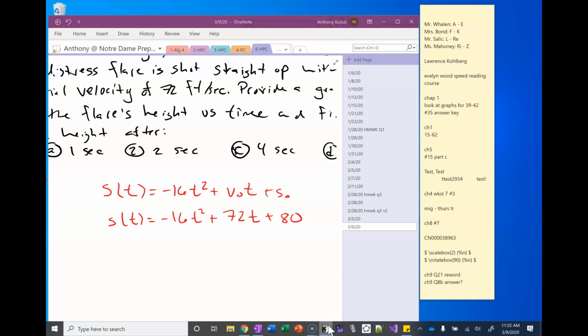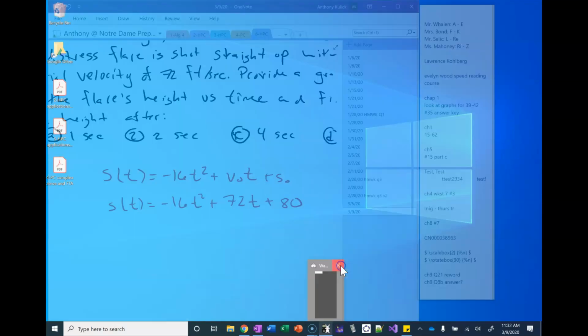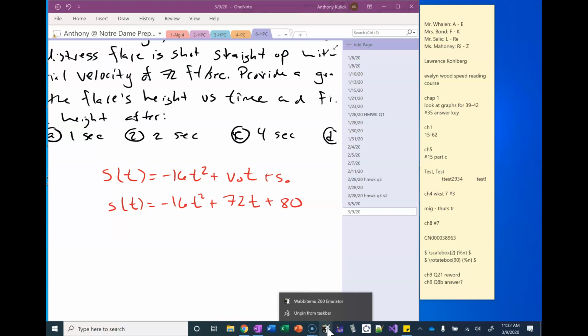So now I'm going to graph this function on my calculator, and then I can also use my calculator to find those values. The directions on the problem asked me to graph it.